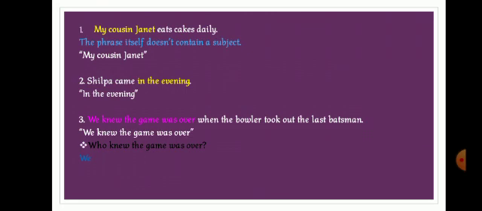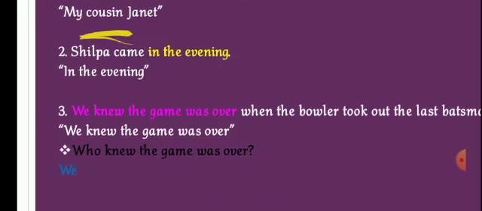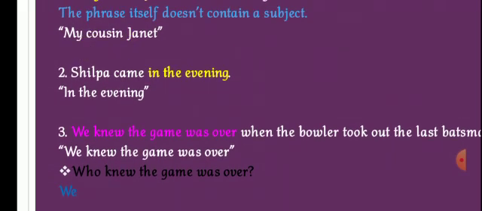When we take that part of the sentence, my cousin Janet, the phrase itself doesn't contain a subject. You can't ask the question who or what. It doesn't make sense to ask who. So my cousin Janet is a phrase, no subject.